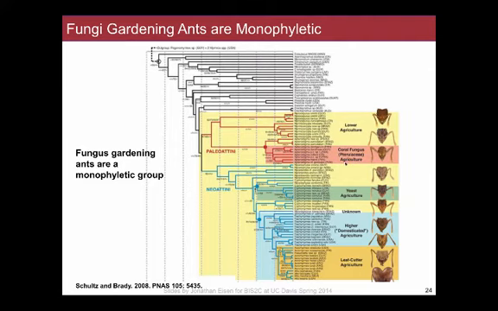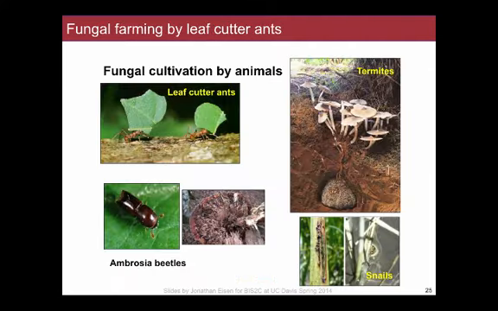So it's a really fascinating example, and although we're not going to go into it, there are lots of other examples of systems where it appears that insects and sometimes other organisms like snails are leveraging the biochemical properties of fungi in order to digest cellulose.